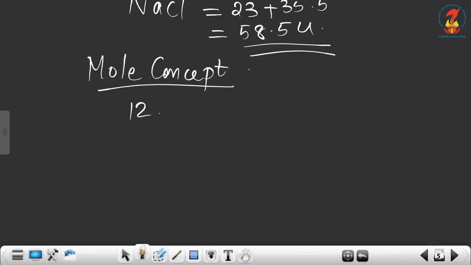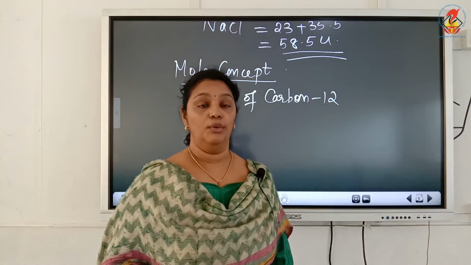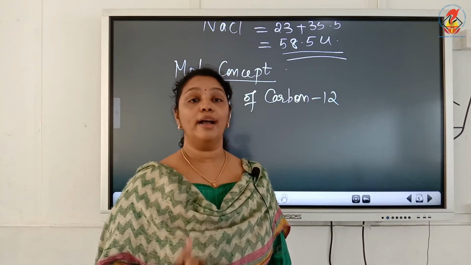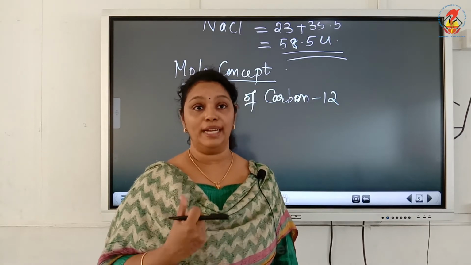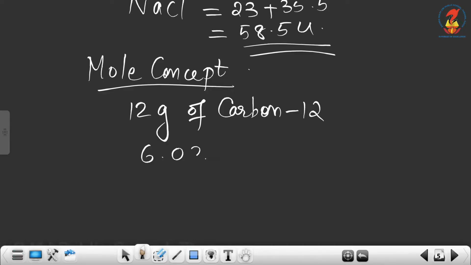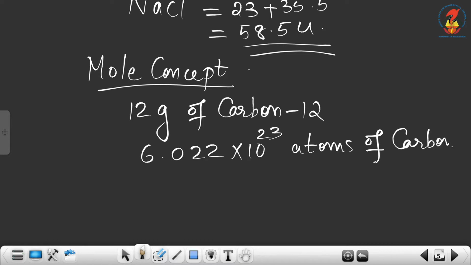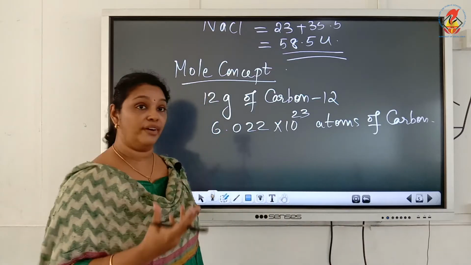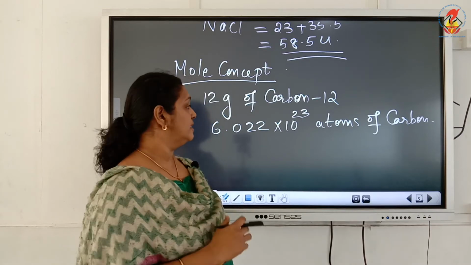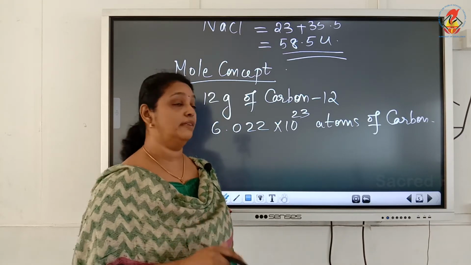So 12 gram of carbon-12 was taken as a standard to study the mole concept. Now scientists found that 12 gram of carbon-12 isotope contains 6.022 into 10 raised to 23 atoms of carbon.